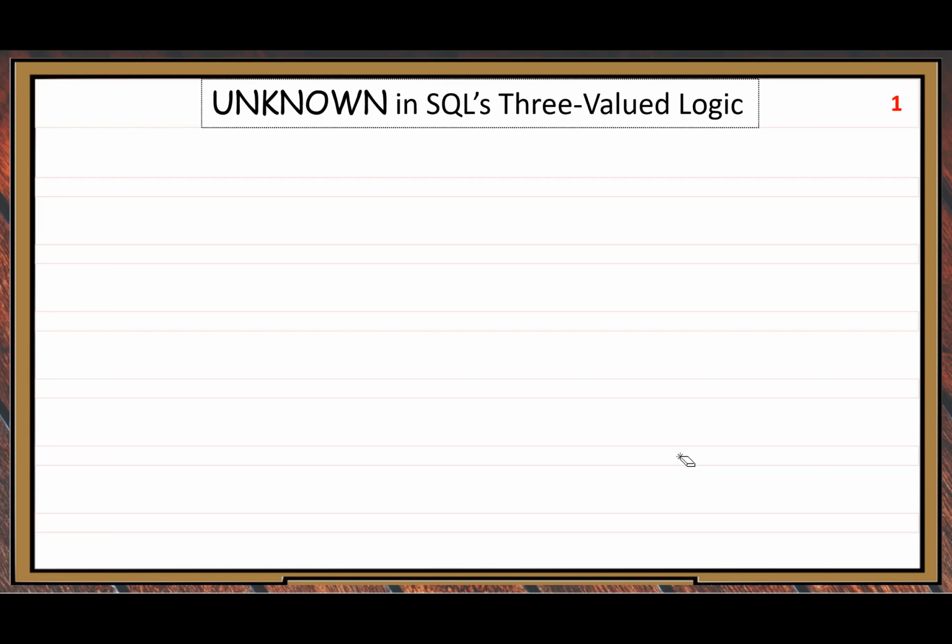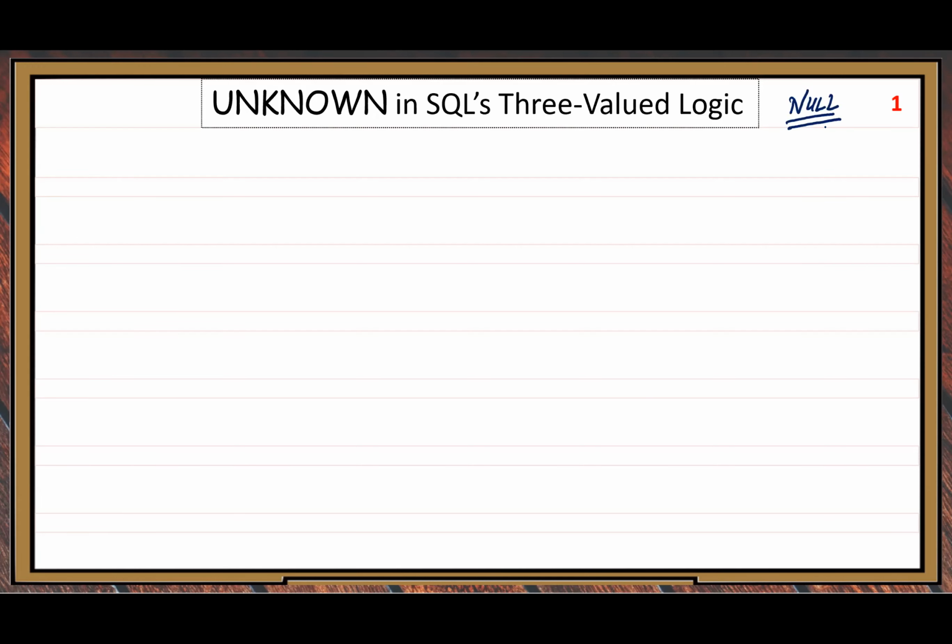First, the unknown value. We didn't learn unknown, but we learned the special null value.